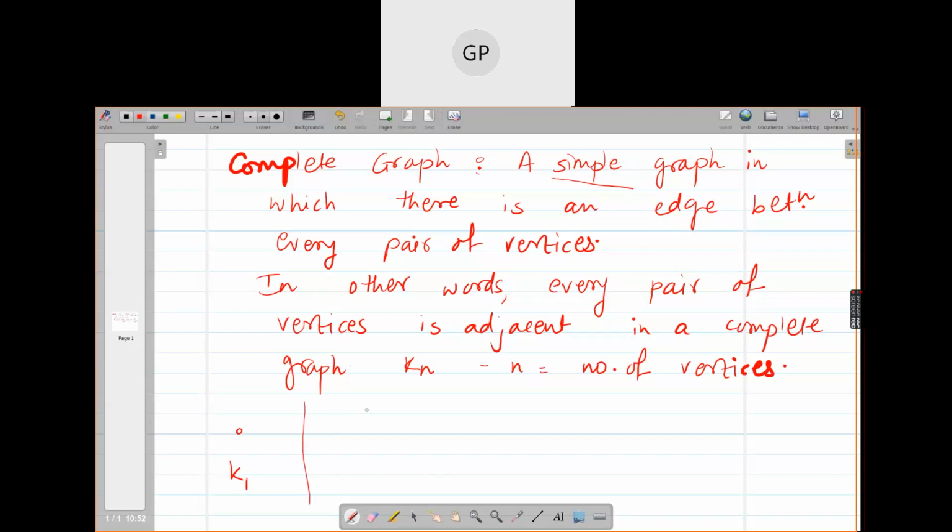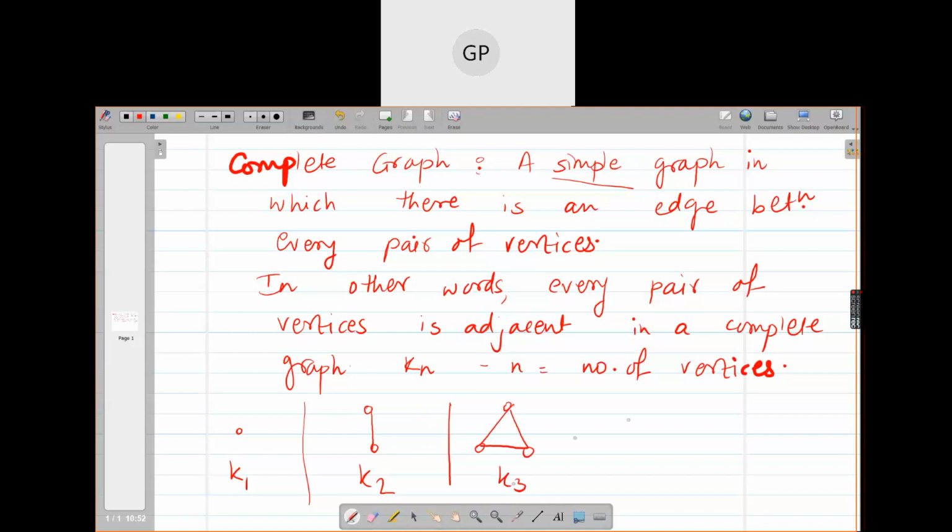Then when there are two vertices, you can draw anyhow. This is your K2. You can draw it horizontally, vertically, in slanting way. K3 looks like a triangle.